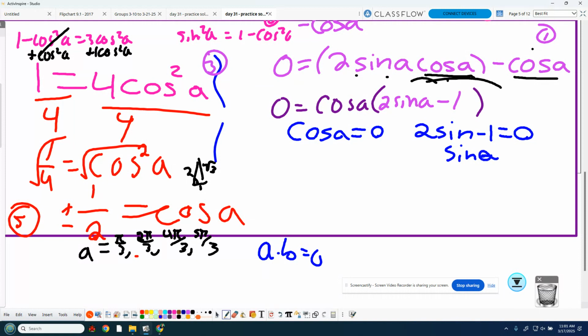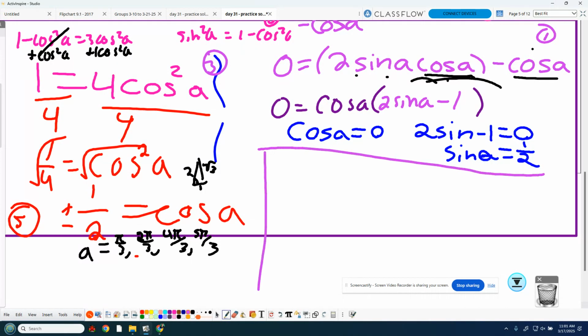Sine A equals, thank you, 1/2. Okay, and now you get to pick someone else. Group 9, can you come up and tell us the next thing? Not Emery, he's already been up.